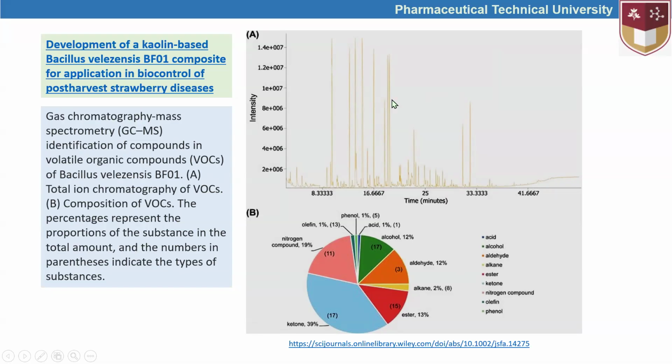The A1 is the total ion chromatogram of volatile organic compounds. The second one is the composition of VOC.